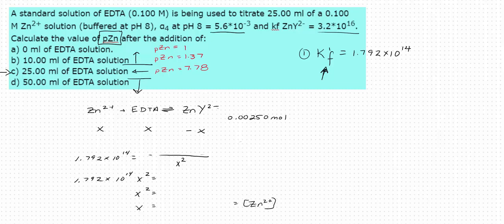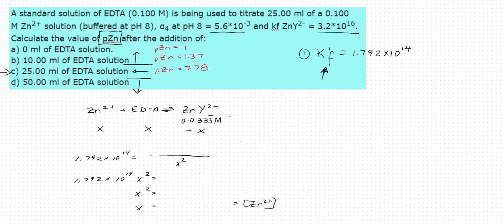But now we have an excess EDTA. We also have a different volume. So we need to take the moles of our complex, divide it by the total volume now, which is 75 milliliters. So I have a new concentration of 0.0333, and that repeats. Okay, so that is the new molarity of this complex.